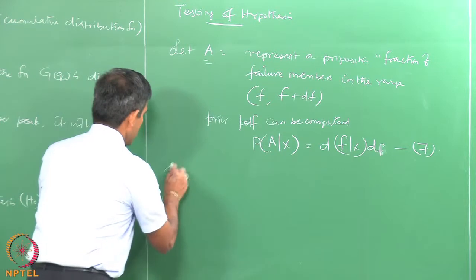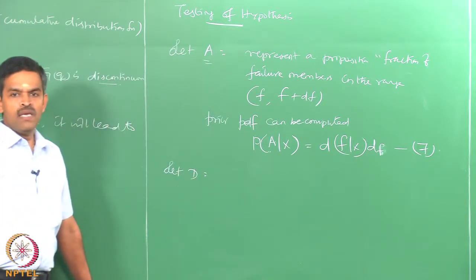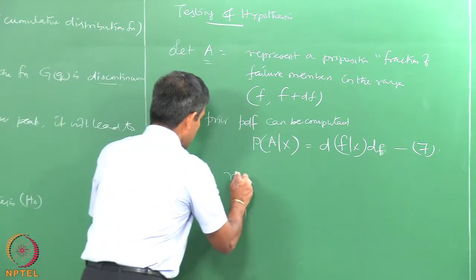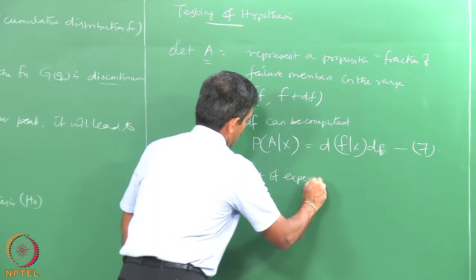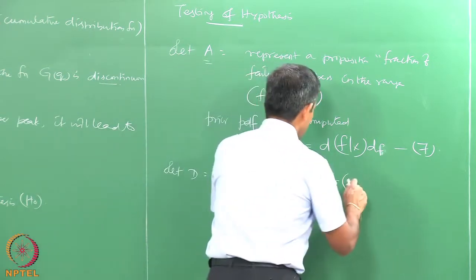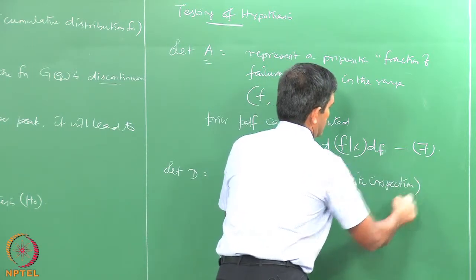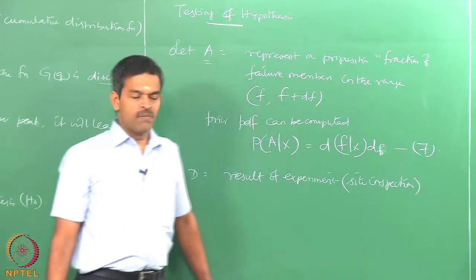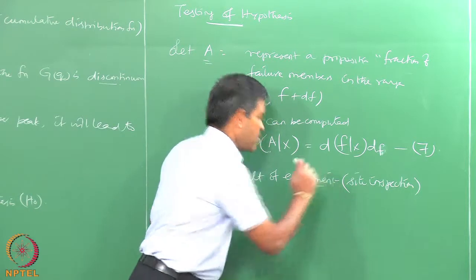So, let us say we are conducting experiments or inspection, let D represent the result of experiments. In our case, let us say we are conducting site inspection. We may conduct some non-destructive tests, we may conduct some destructive tests. Let us say we are conducting series of experiments.